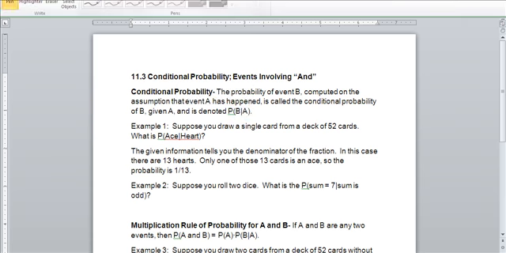Okay, now suppose we have an example and it says suppose you draw a single card from a deck of 52 cards. What is the probability of getting an ace given that you have drawn a heart? So this is what we're looking at, the probability of an ace given that we have drawn a heart. Okay, so what we do, the denominator of our probability comes from the given part.